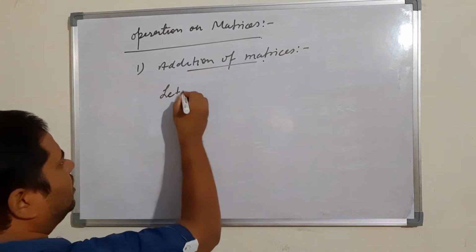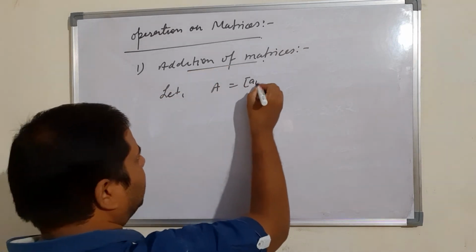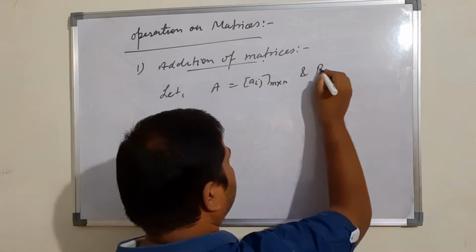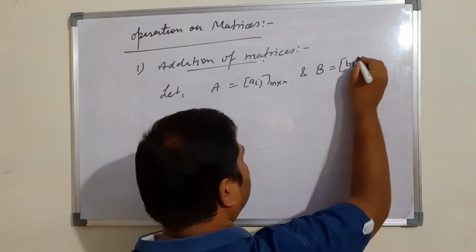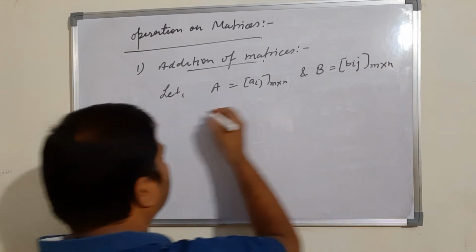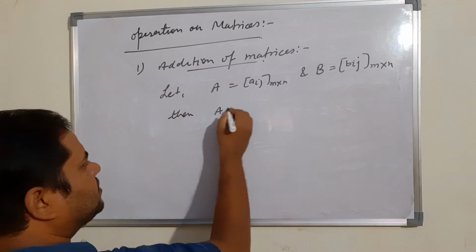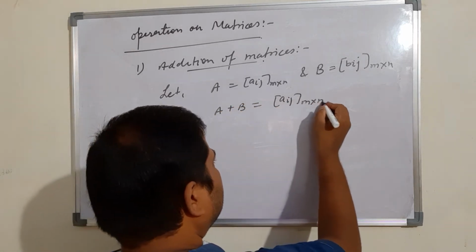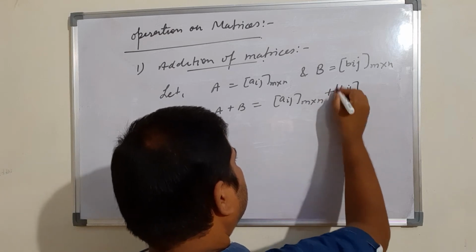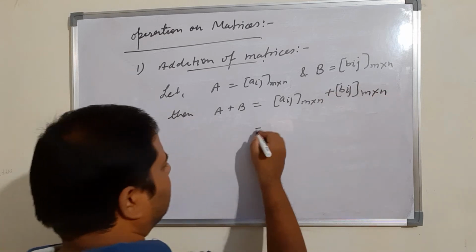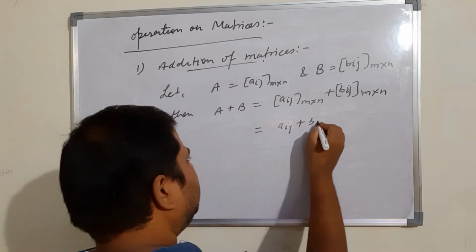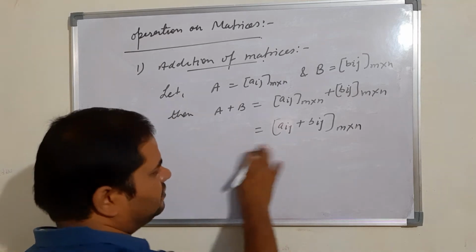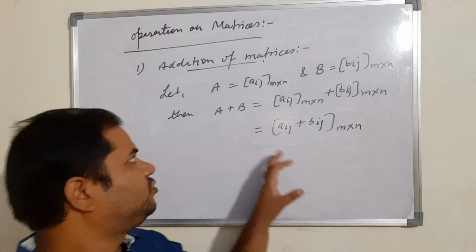Let A equal Aij, M cross N, and B equal Bij, M cross N. Then A plus B is equal to Aij plus Bij, M cross N. So this is the summation of two matrices.